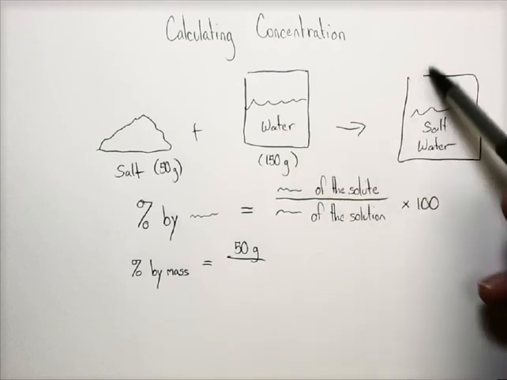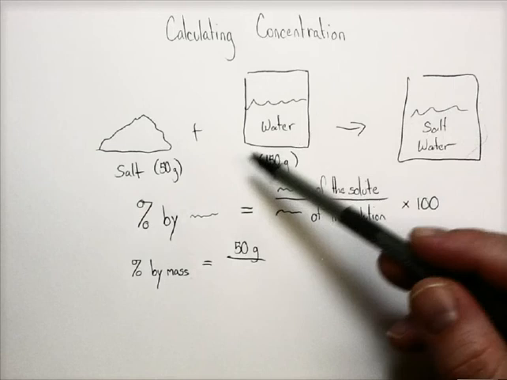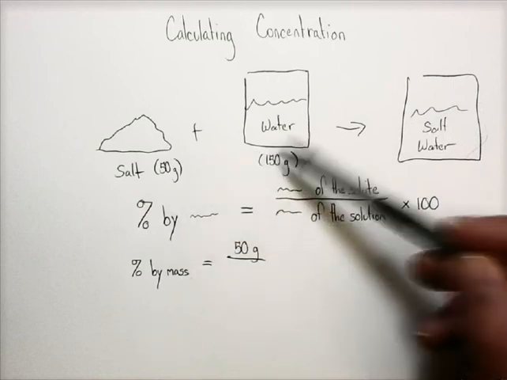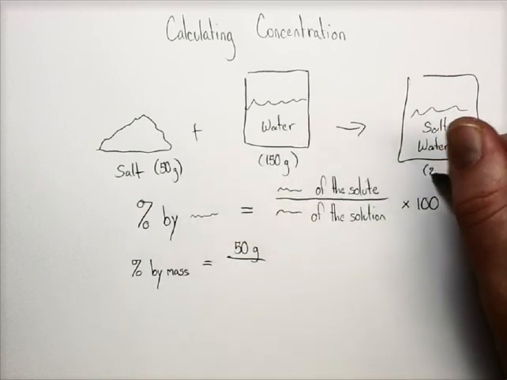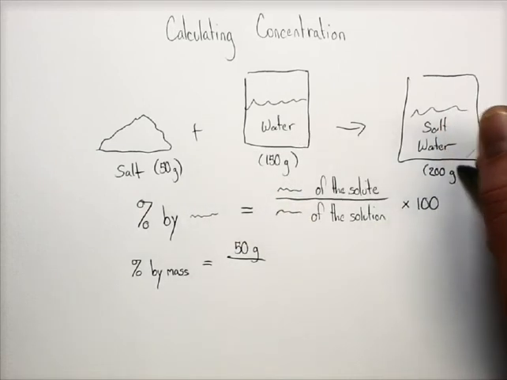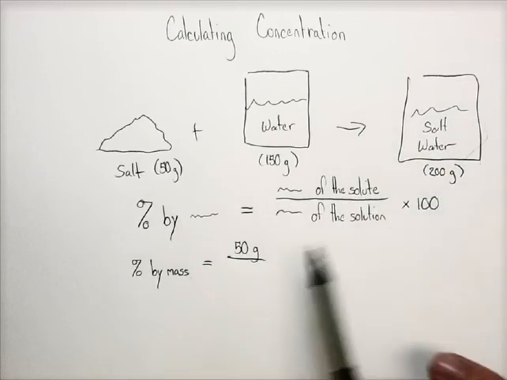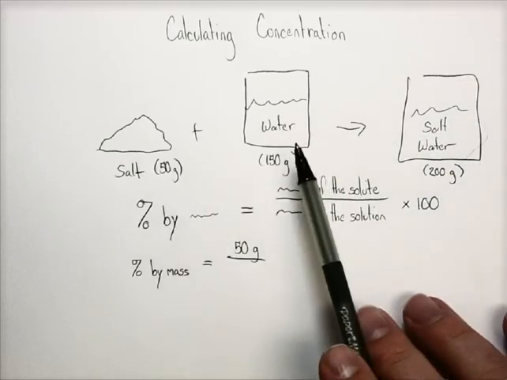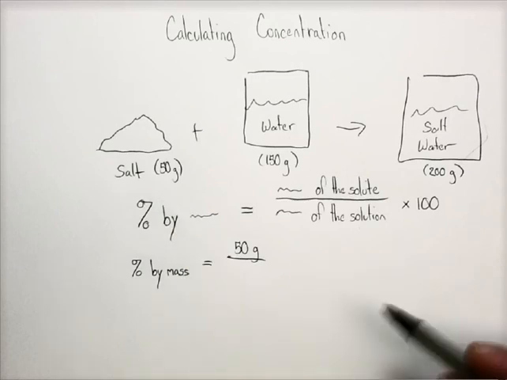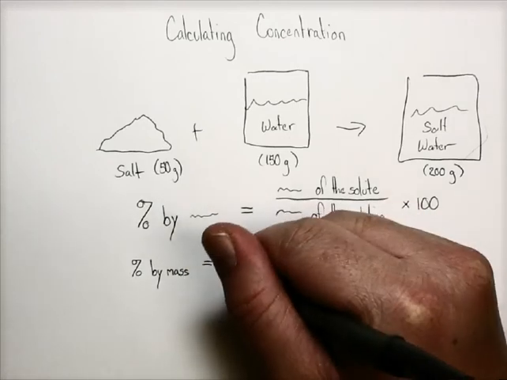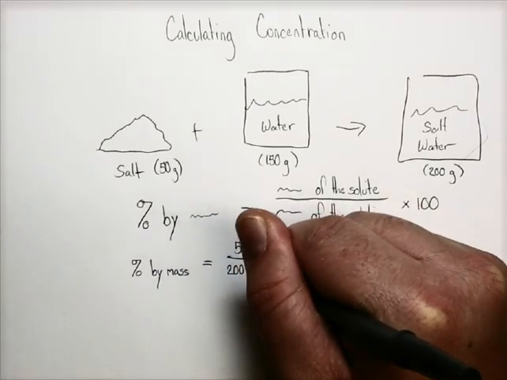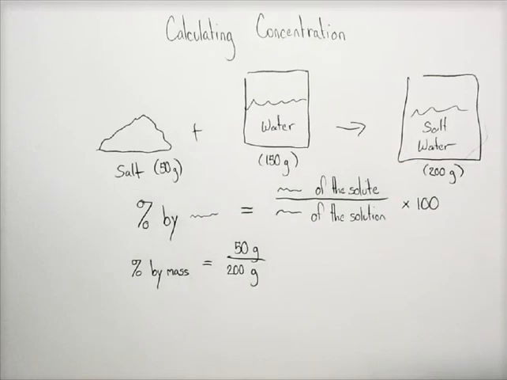We need the mass of the final product. Well, if this is 50 grams and this is 150 grams, the mass of this must be 200 grams. And so we can see that the mass of the solution is just the mass of the solvent plus the mass of the solute. So in this case, the mass of the solution would be 200 grams.